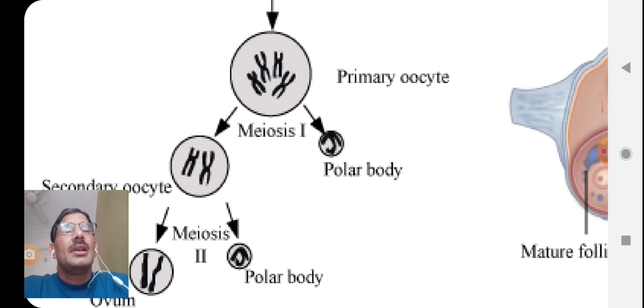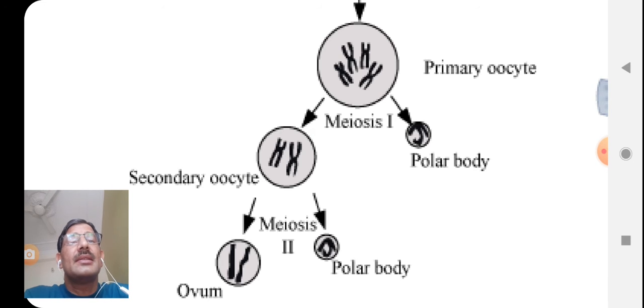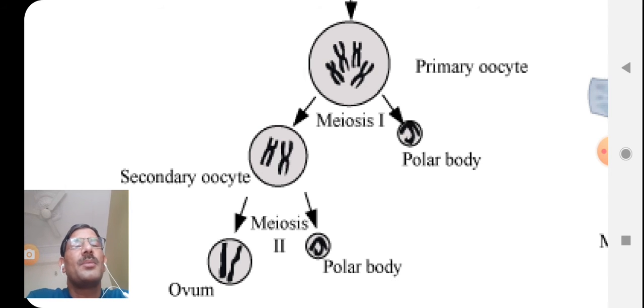And at puberty, when menstruation starts or menarche begins, this meiosis first starts again and is completed to form two unequal cells, secondary oocyte and first polar body. See, this meiosis first is unequal, cytokinesis during this division is unequal, and in spermatogenesis it was an equal division. Now the secondary oocyte is formed and the first polar body is formed.